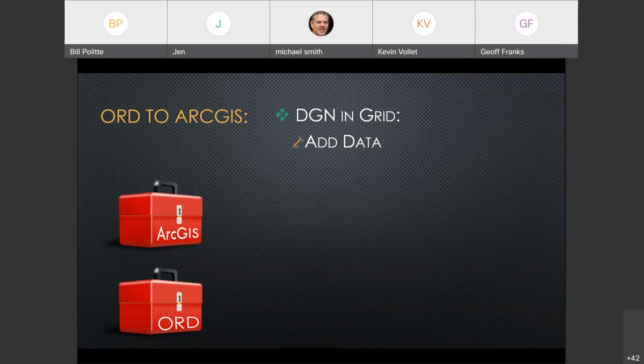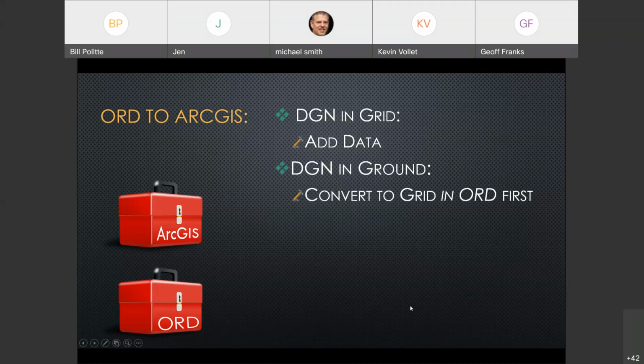Okay, so if that project didn't have a projection factor, you could just pull it into ArcGIS like that. No problems, done, lands in the right place. But what happens most often here at MoDOT is you have a DGN that's projected to ground. So probably a couple of the easiest ways to bring that ground projected project into ArcGIS is to convert it to grid first in ORD or GeoPack, whatever you're using.